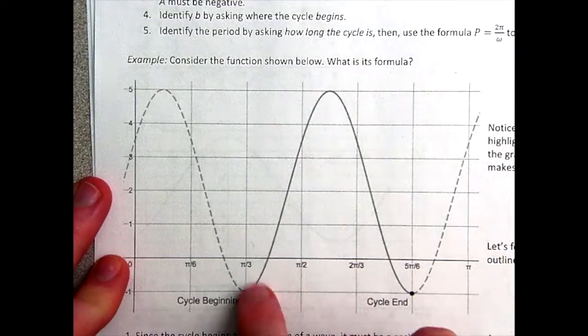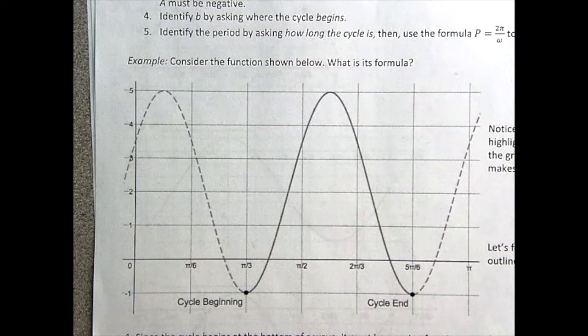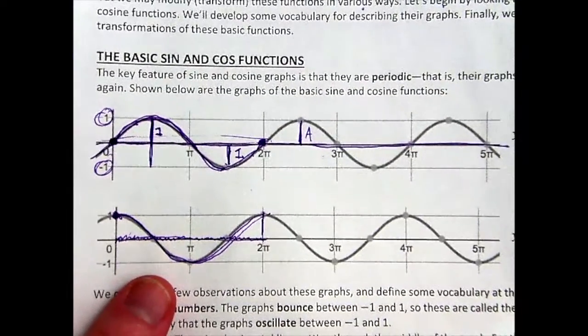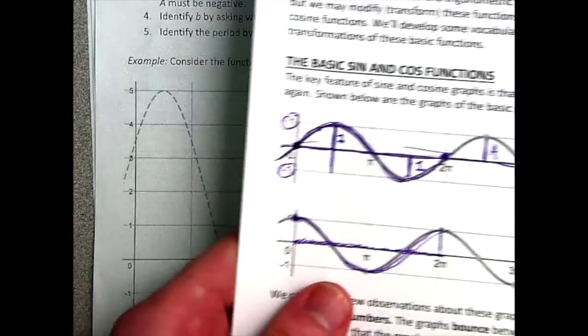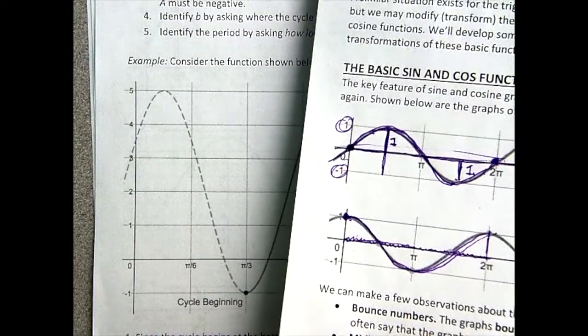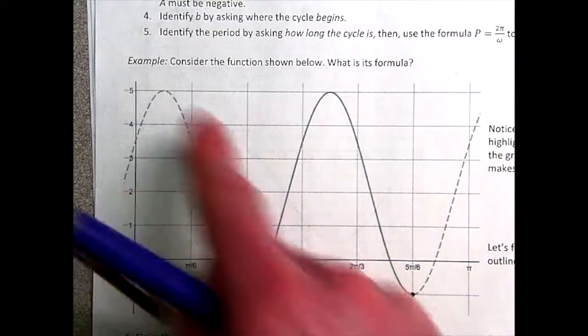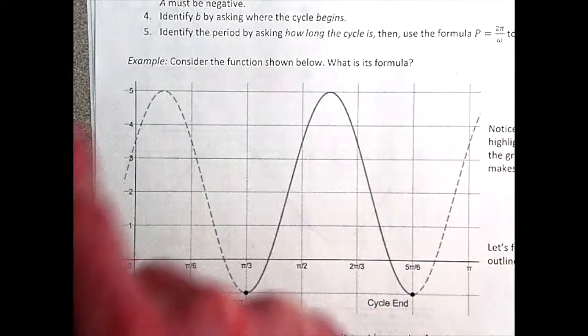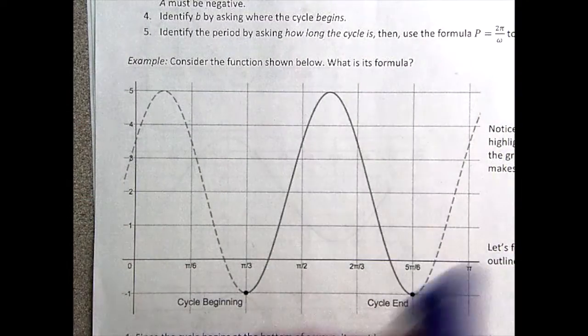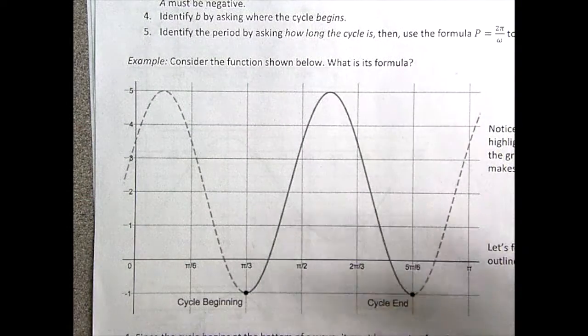I just want to point out this graph is obviously not the same as these basic sine or cosine functions. All kinds of things are different about it. It's obviously much taller, for example. And what's basically happened is that this is either some sine or cosine function, but with all kinds of transformations applied, vertical shifts and everything else.